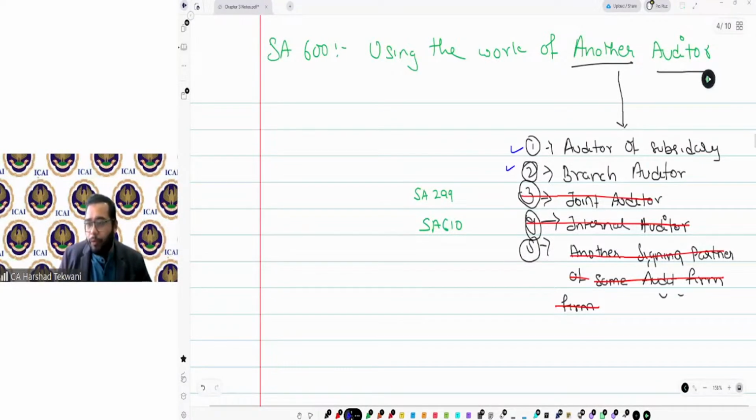So understand what is another auditor in the current scenario. We will be using the term other auditor instead of another auditor as a definition.